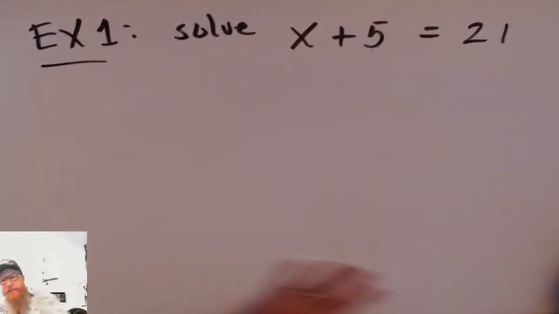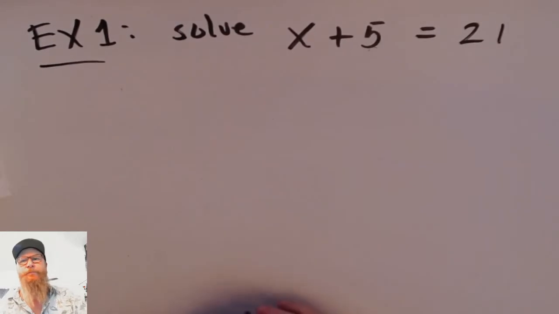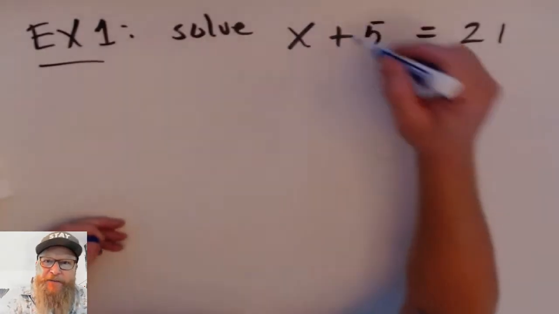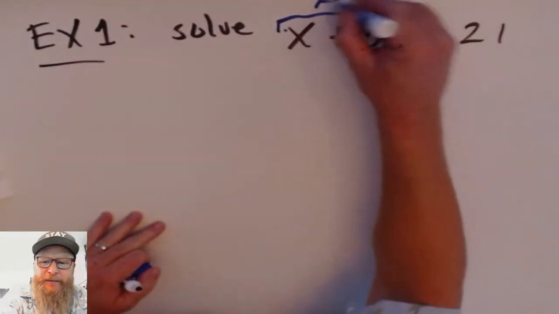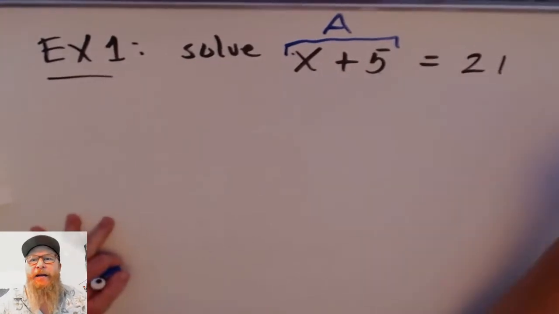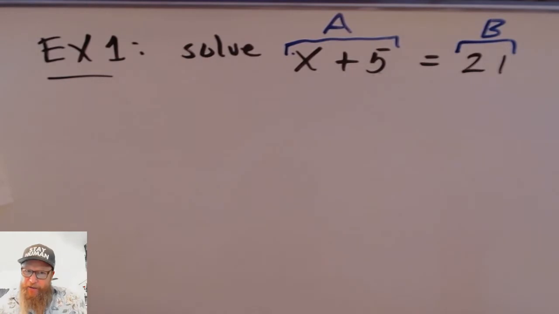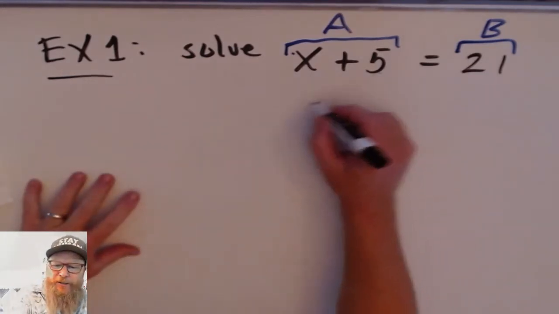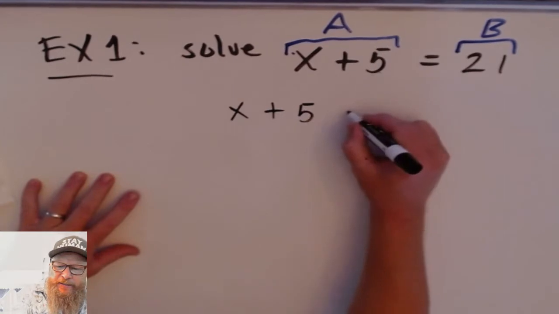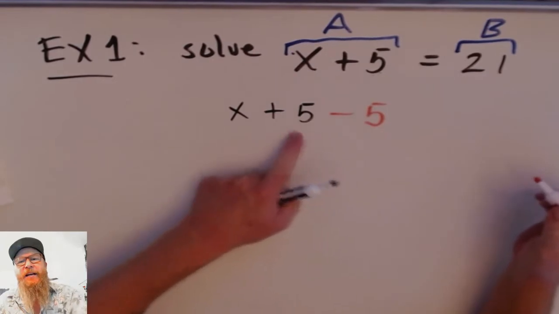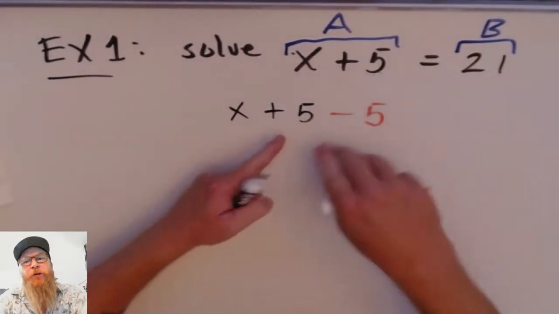X plus 5 is equal to 21. All right. Now, I'm again going to do this one time. The left-hand side is the A. That's your A, and the right-hand side is your B. This is the beginning of the story here, so I'm keeping the equations relatively simple. And now what I'm going to do is subtract C. There's your C. C is typically the number that you're trying to get rid of.